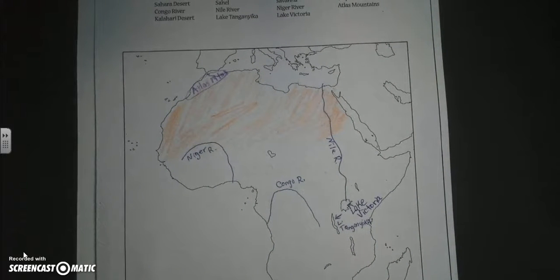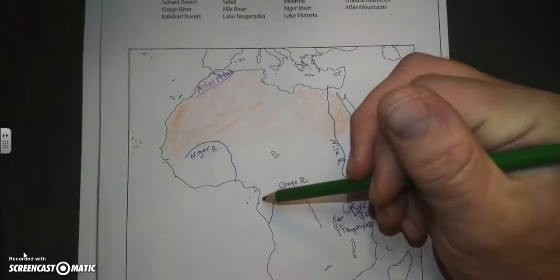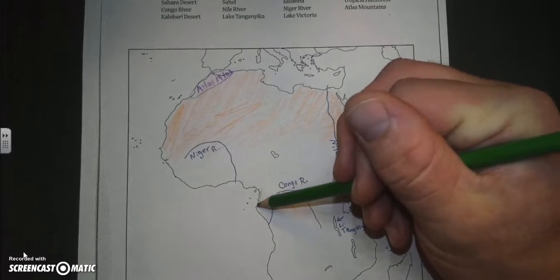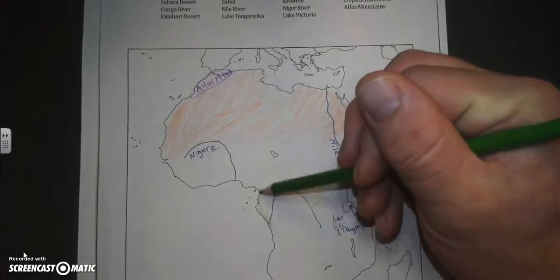Now, the next thing that I want to draw is the tropical rainforest. Okay? So, when we draw the tropical rainforest, we know that most rainforests are found in and around the equator. And so when we look at the tropical rainforest of Africa, what is really left of it is going to be found in and around the Congo River.